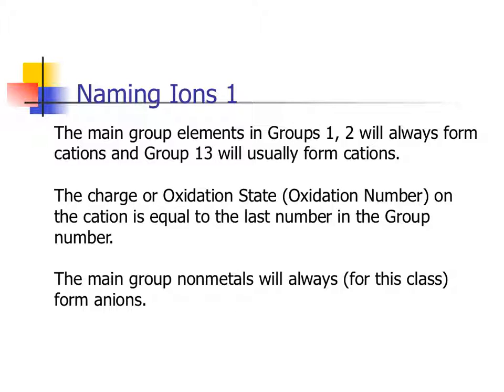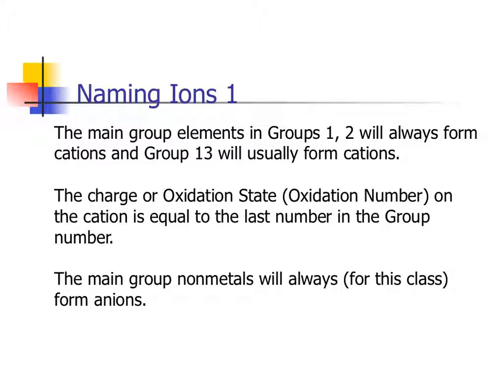Main group elements, groups 1 and 2, will always form cations. Group 13 will usually also form cations. Now, if we look at our periodic table, we'll actually see the oxidation states, or the oxidation number, that they form. And that would be a positive 1 for group 1, a positive 2 for group 2, and a positive 3 for group 13.